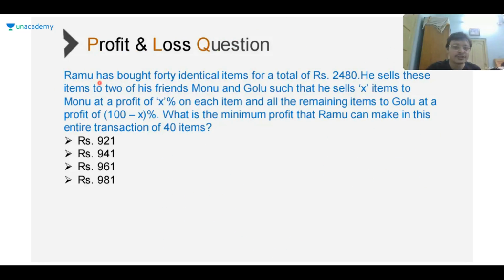Let's move on to the second question in today's session. So again, try and solve this in 30 seconds. Believe me, this is a very complicated question, but it can be answered in 30 seconds.